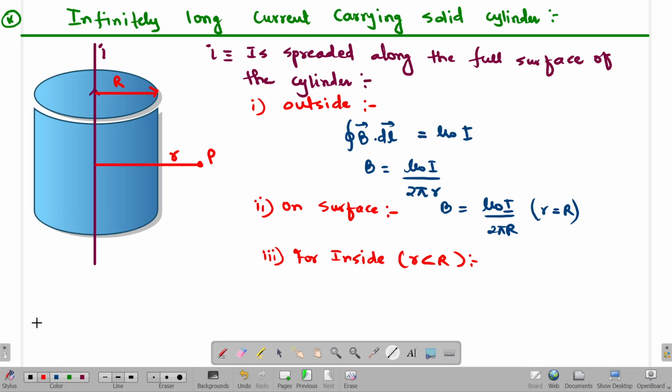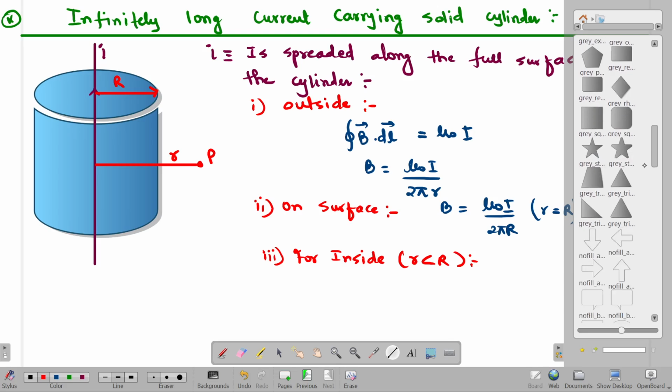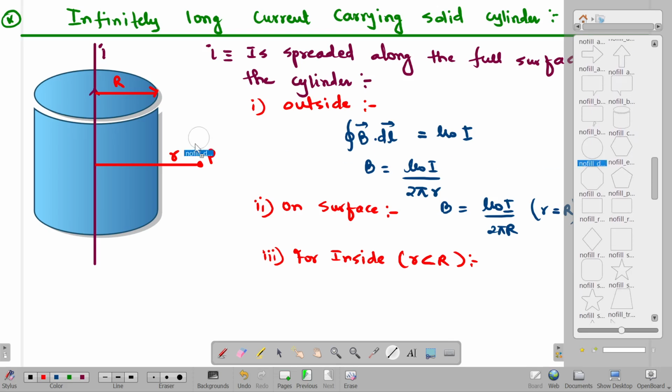See, when I'm considering the inside part, look over here.